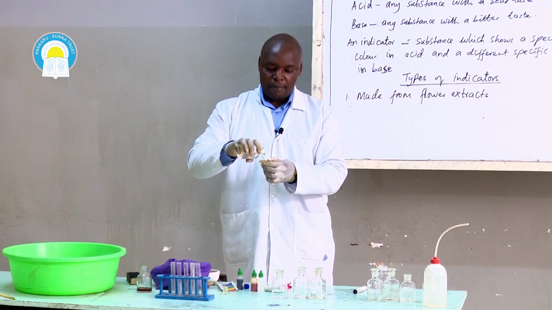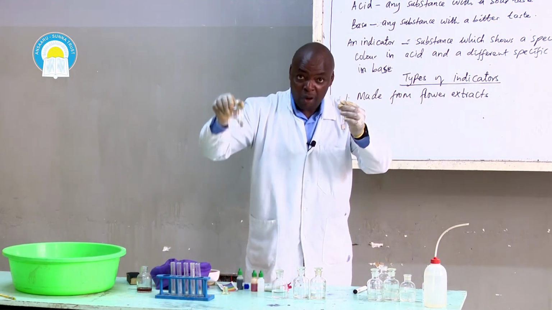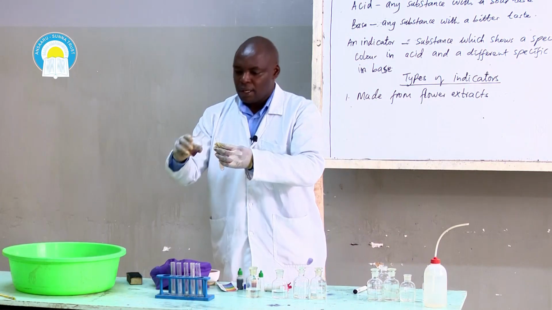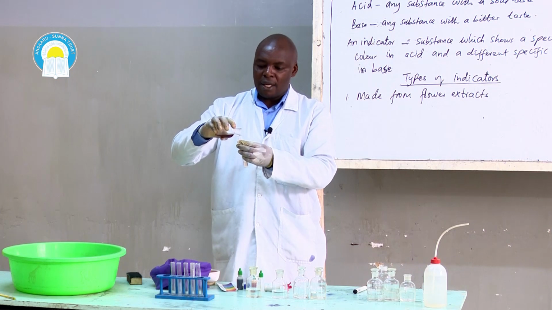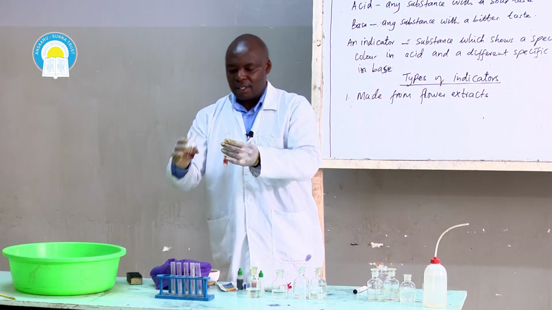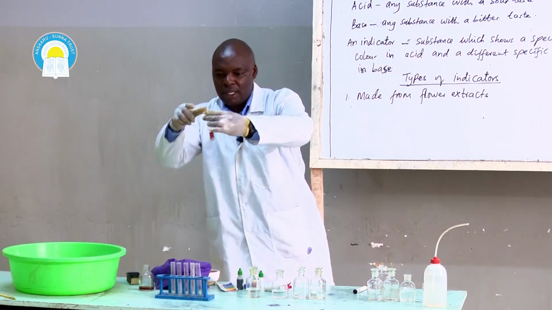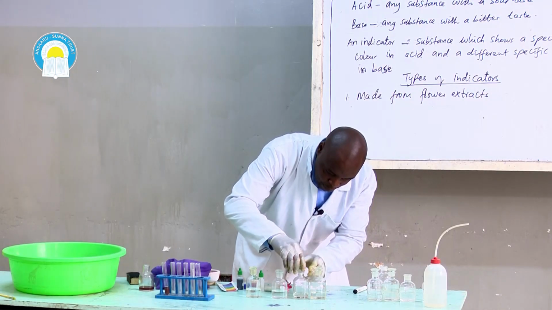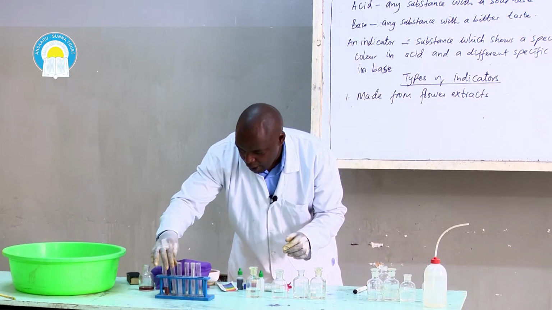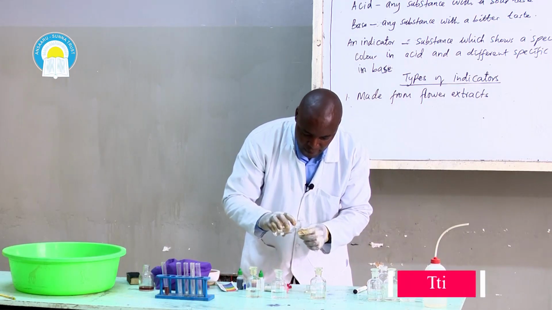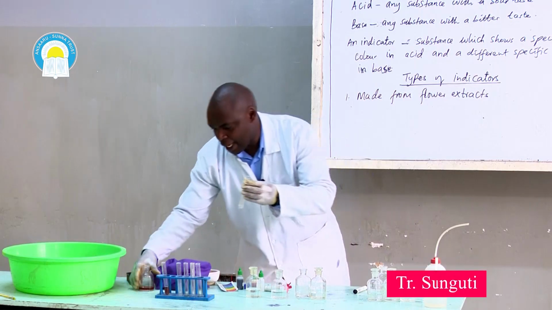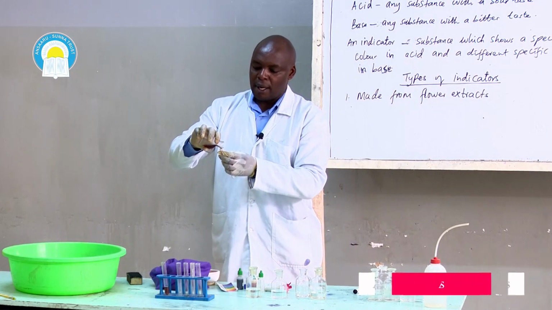So here is a solution of hydrochloric acid. I add a little of the indicator made from flower extracts. You see the color that one is going to show. I take a solution of propanoic acid, then I add the indicator.